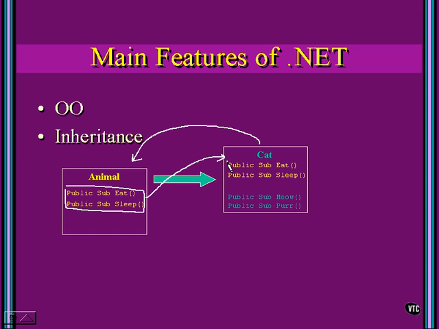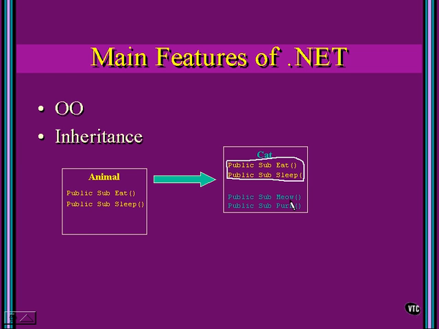And this code doesn't actually live out here in this cat class. It actually lives back here in the animal class, but the cat class can see it. And so if we call the cat class and then call the eat method, it will actually go back and run this code right here. So that means that we picked up this functionality automatically through inheritance.